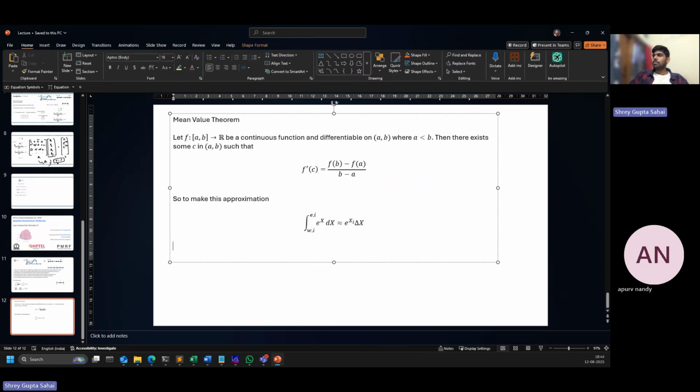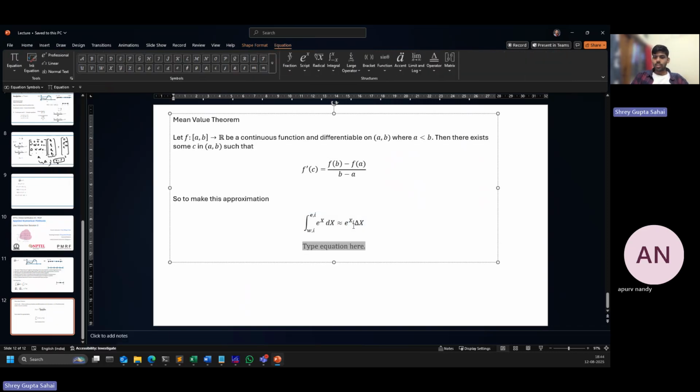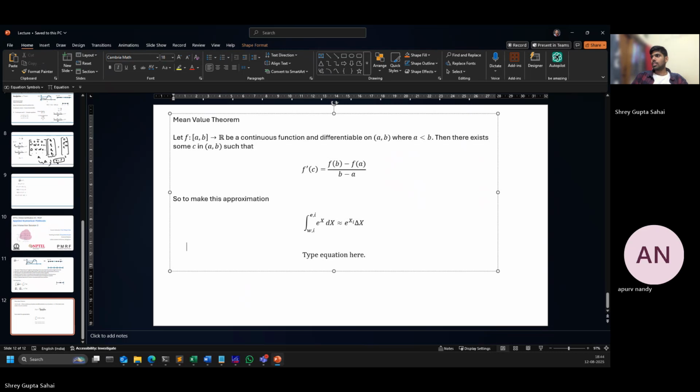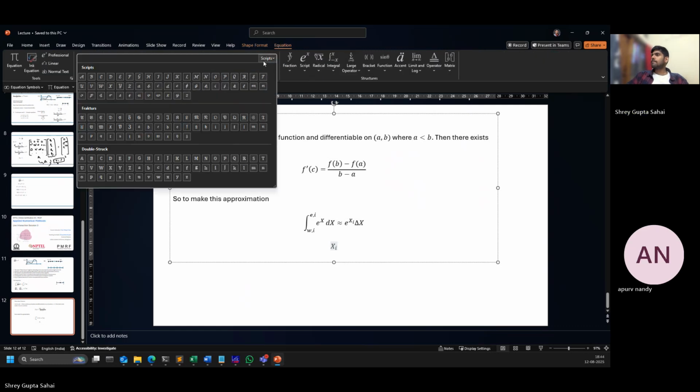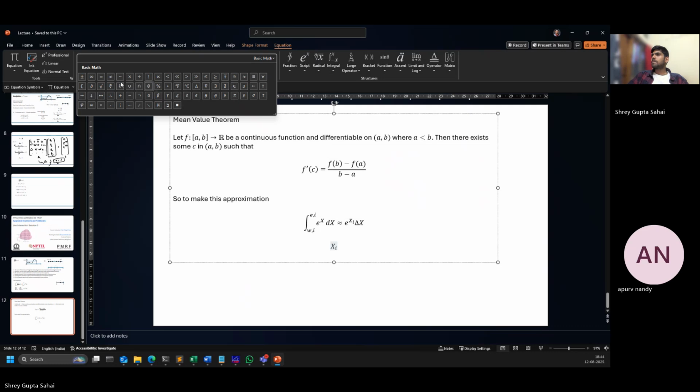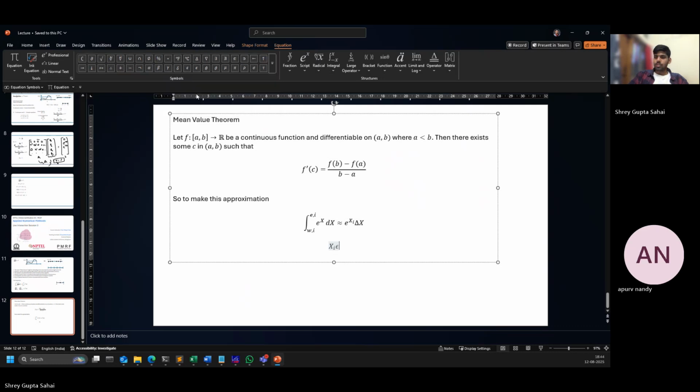This xi should lie between, so for this to hold, this is simple. Let me write this: xi should lie between x west of I and x east of I.